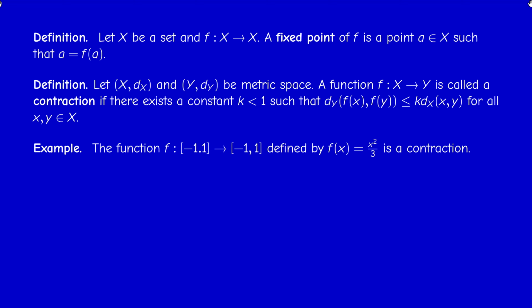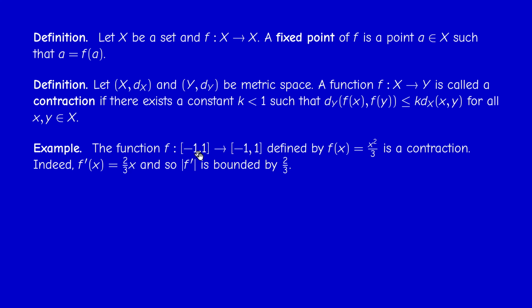For example, consider the map F from [-1, 1] to itself, given by x squared over 3. You need to check that if x is between -1 and 1, then x squared over 3 is actually between 0 and 1/3, so of course it belongs to [-1, 1]. So this is a contraction. There are several ways to prove that. The most general way is to use the mean value theorem, because F is differentiable and F prime is 2/3 x.